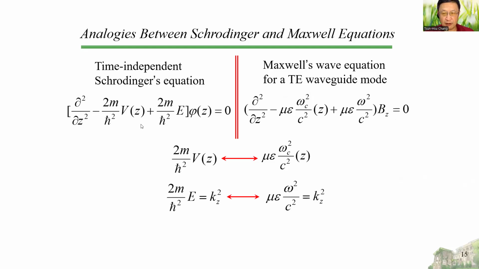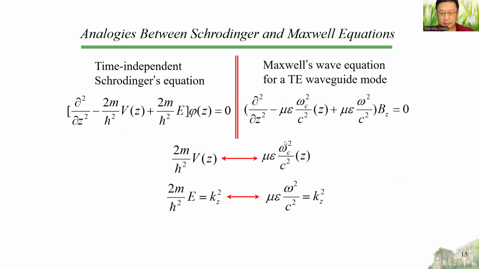And for this case, for a waveguide, and for this one, m is the mass of the particle, and h bar is shown here. V is the potential barrier height.